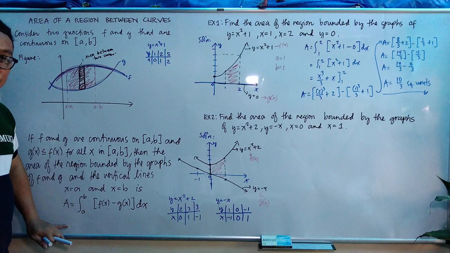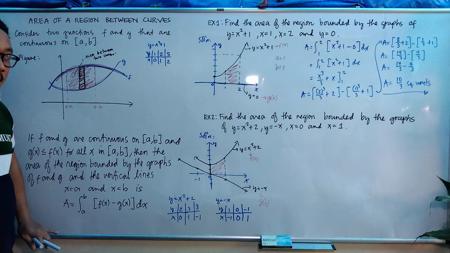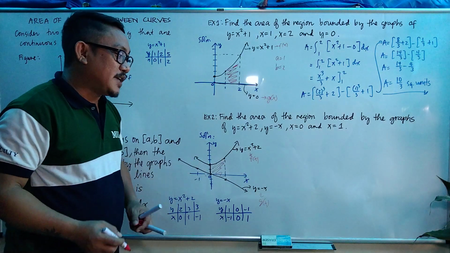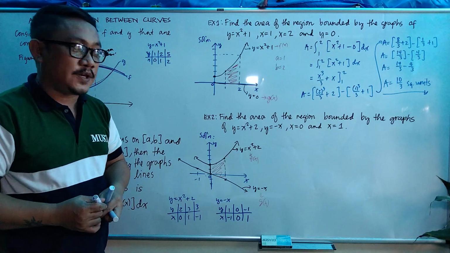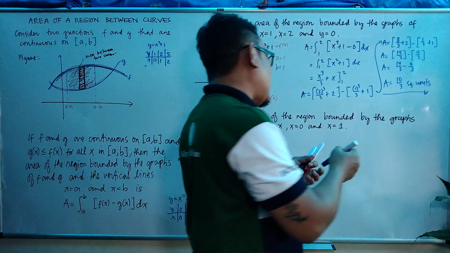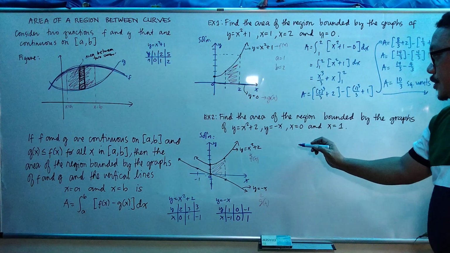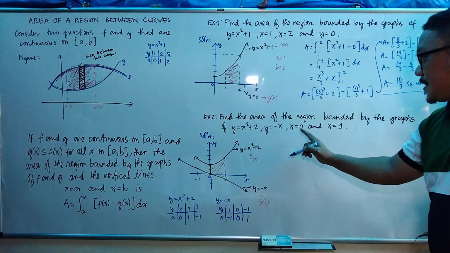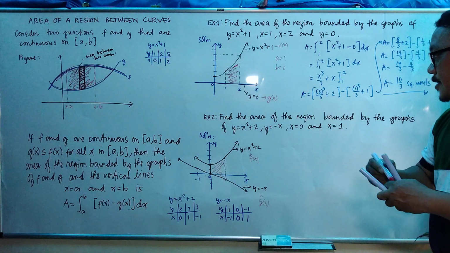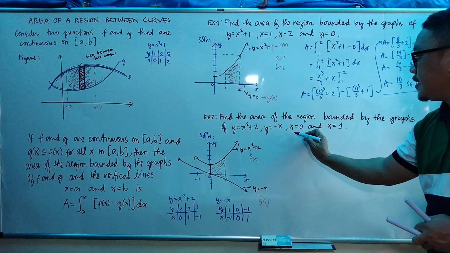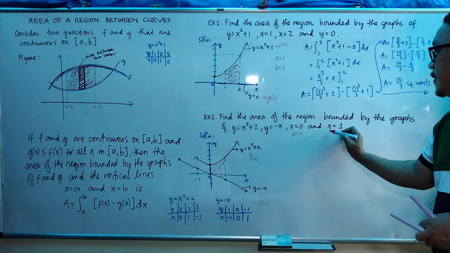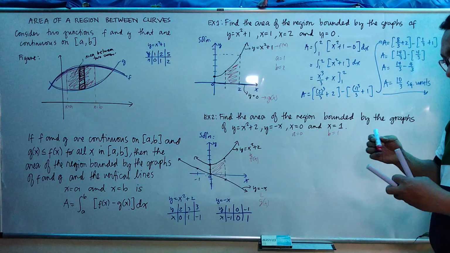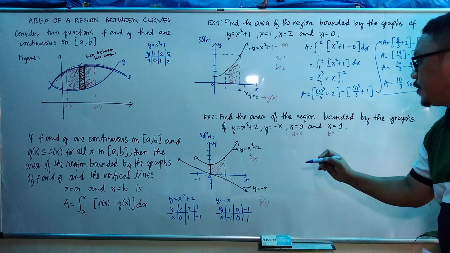Again, use the formula in finding the area. You know which to use, f of x or g of x. So, A is equal to 0, B is equal to 1, given already.